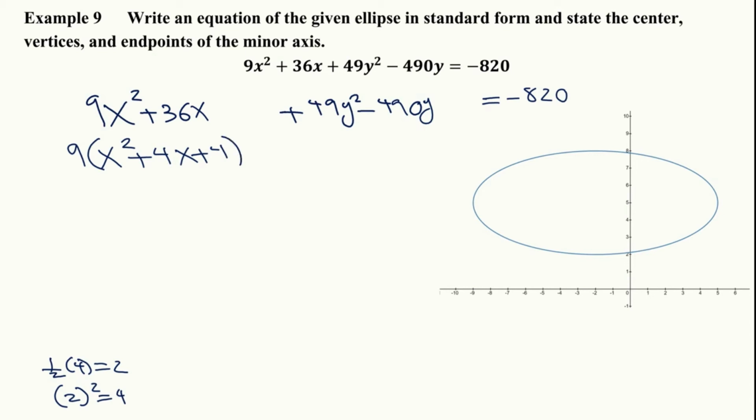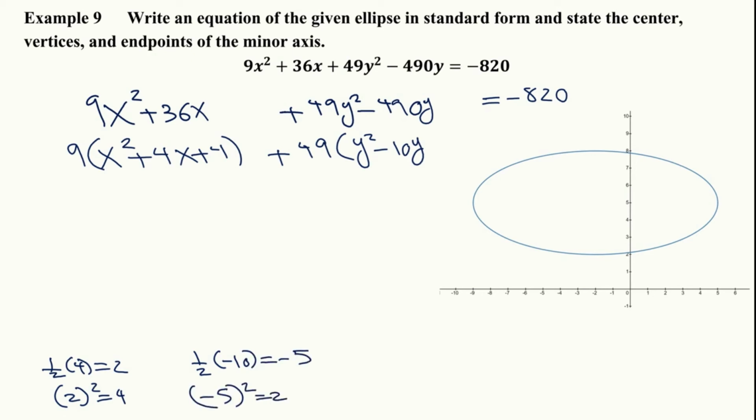So keep track of that. For the next piece, we're going to take out a 49. That leaves us y squared minus 10y. So to complete the square, I need to take 1/2 of -10, which is -5, and I need to square that to get 25. So we're going to add 25.